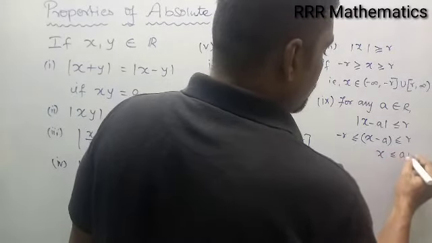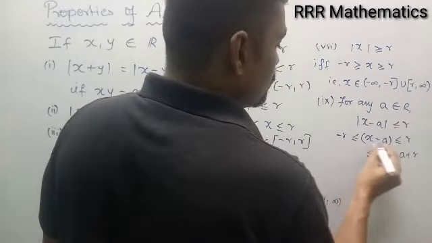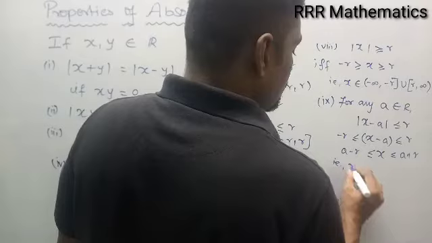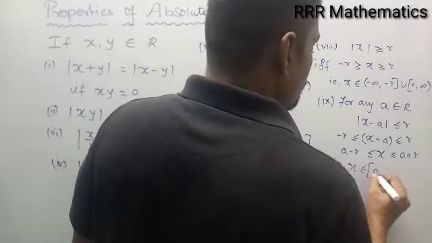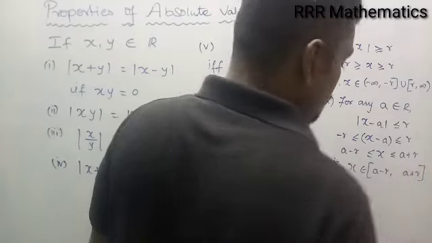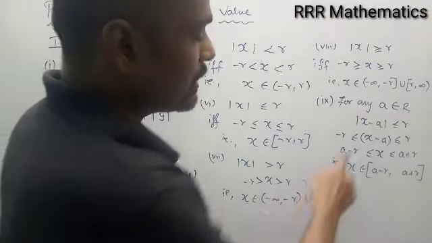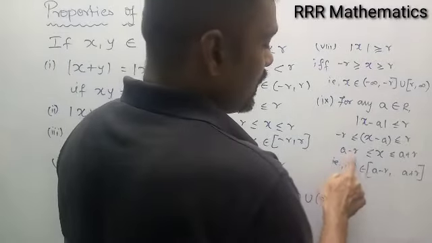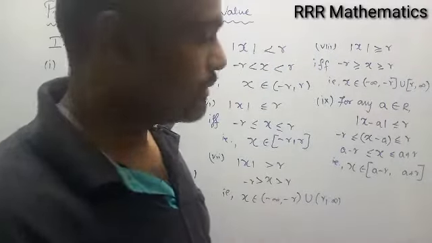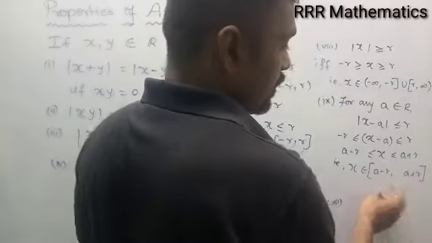This a comes here, a plus r. This a comes here, minus a comes here, plus. So in this case, your x belongs to a minus r comma a plus r. Got it? So in this case, the value of x lies between a minus r comma a plus r, including this range. Basically in this interval x belongs to.